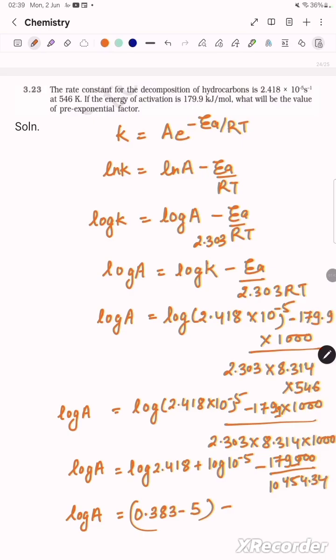Here the plus sign is there because moving minus Ea by 2.303 RT to the left side, it will become a plus sign.